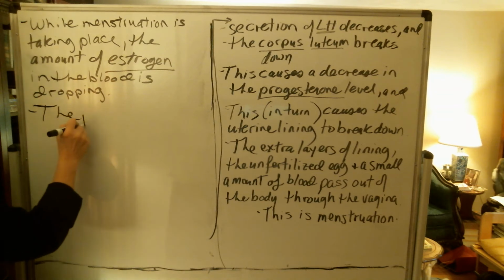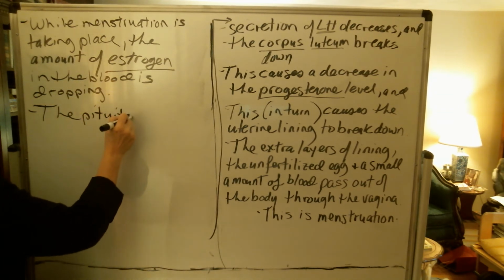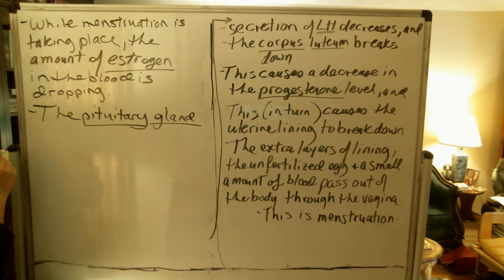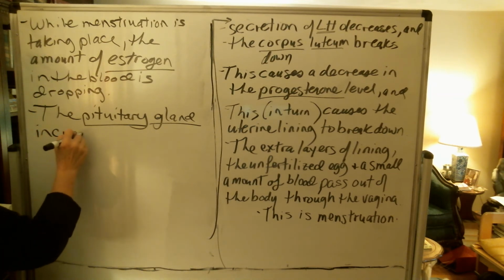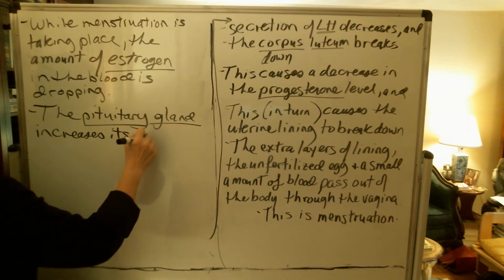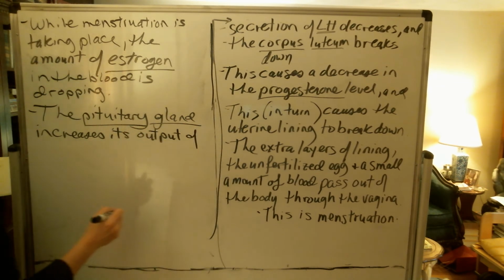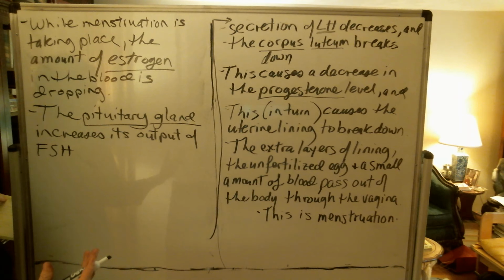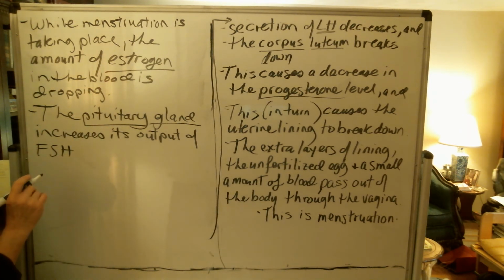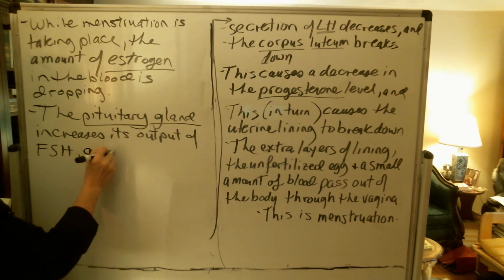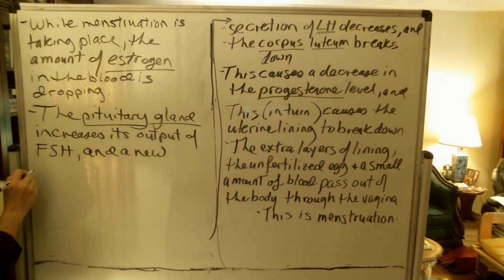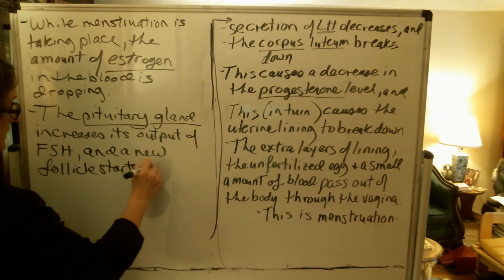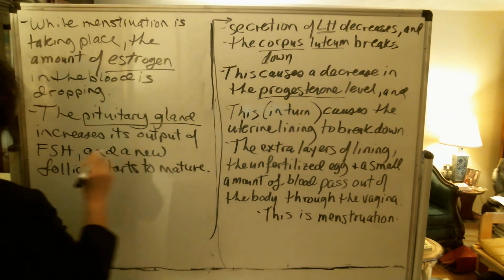So the pituitary, we now get back to the good old pituitary gland, then increases its output of good old follicle stimulating hormone to stimulate another follicle. So it increases its output of FSH and a new follicle starts to mature.